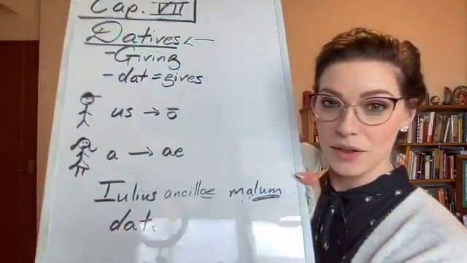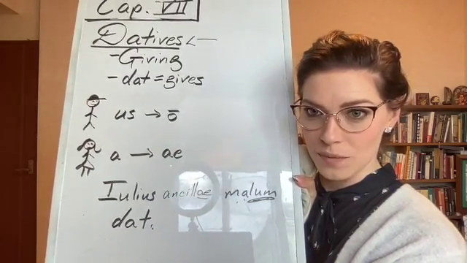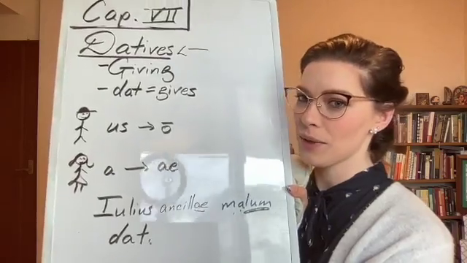So just as a review, us becomes O, a becomes I. You maybe want to write that down somewhere so that you have it as a little cheat sheet. I'm going to give a sentence and leave a blank where that ending is going to go.